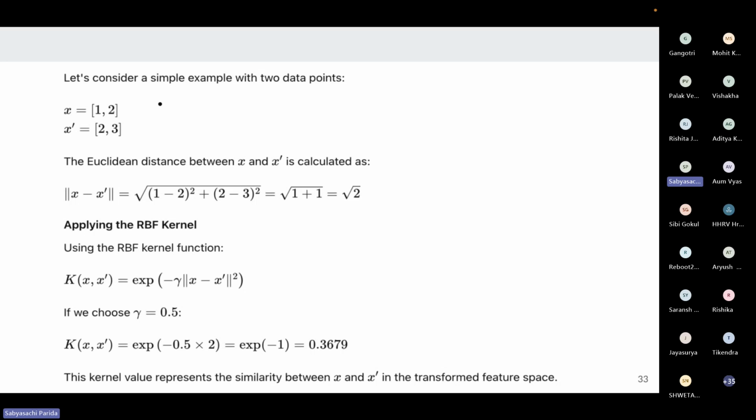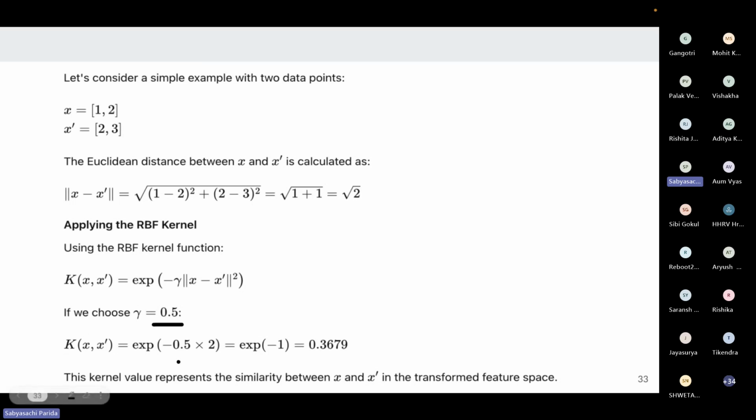Let's see how this radial basis function is done. Suppose these are two data points, 1, 2 and 2, 3. First I find the Euclidean distance. Euclidean distance is x2 minus x1 whole square plus y2 minus y1 whole square, and we get root 2. Assuming a gamma of 0.5, we find the kernel value for this.